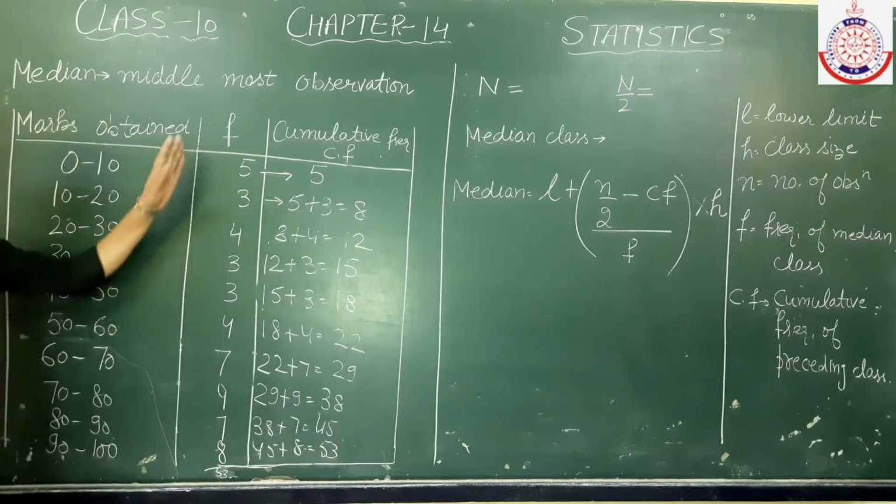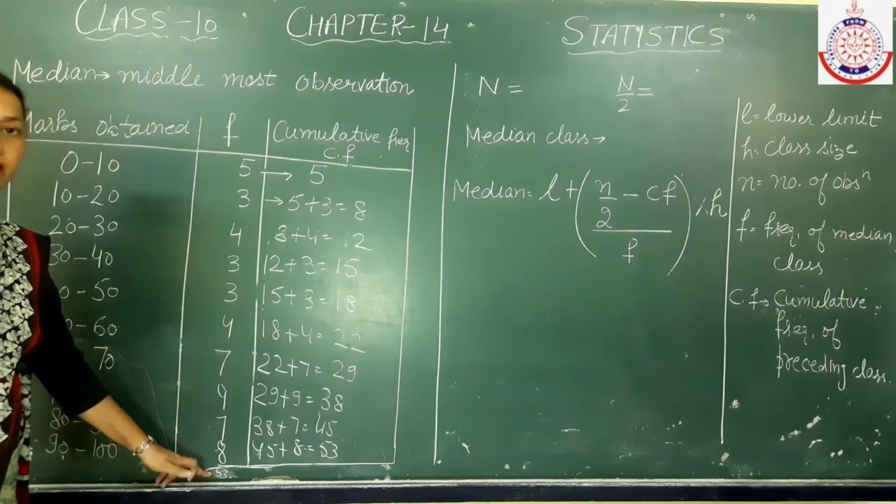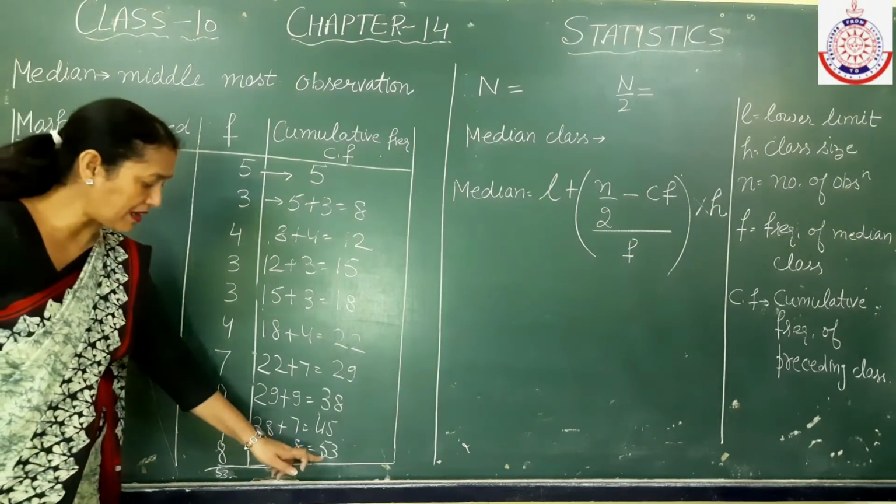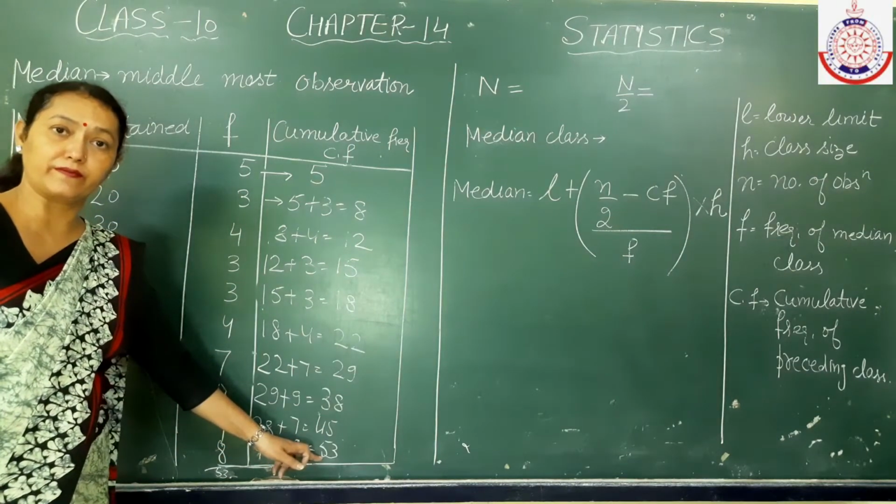And if you add the frequencies, we again get 53 only. So the total of frequency should be the same as the last value of cumulative frequency.